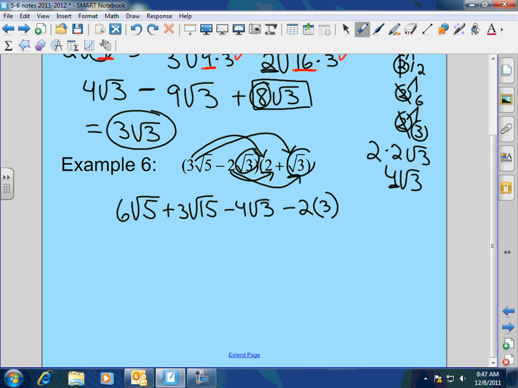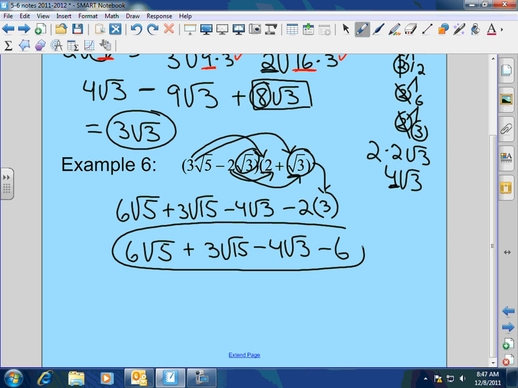Radical 3 times radical 3 is 3. So this breaks down to 6 radical 5 plus 3 radical 15 minus 4 radical 3 minus 6. You cannot break down any of those radicands, so you are done.